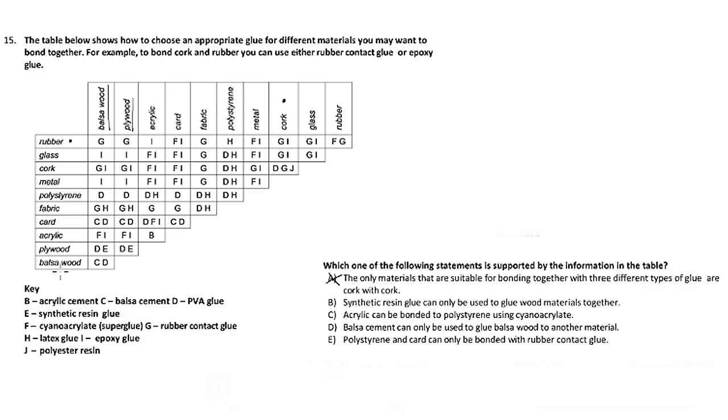So we have to find if there is something else that glues together with this synthetic resin glue. So we see that plywood is bound together with balsa wood, plywood is bound together with plywood using this synthetic resin glue.